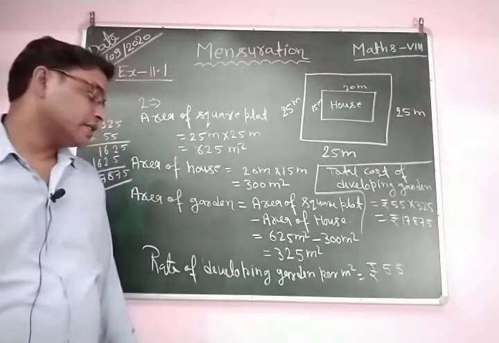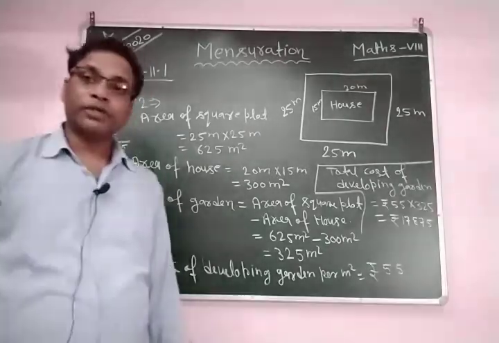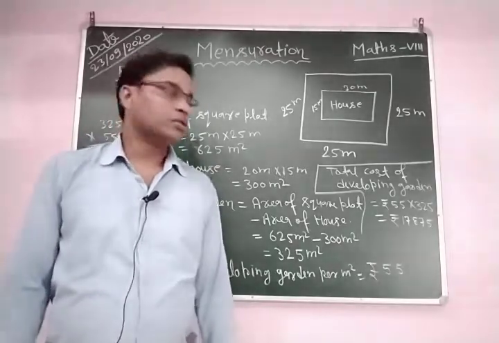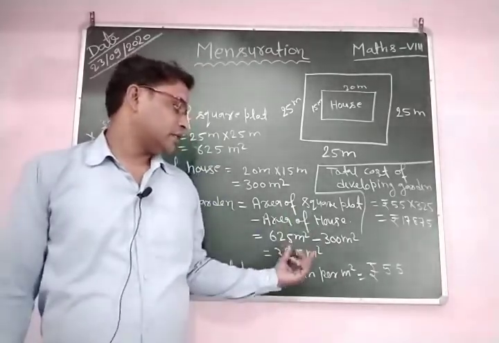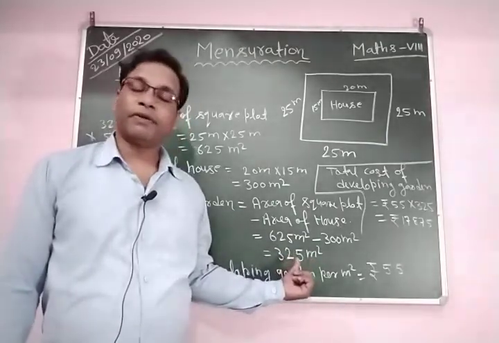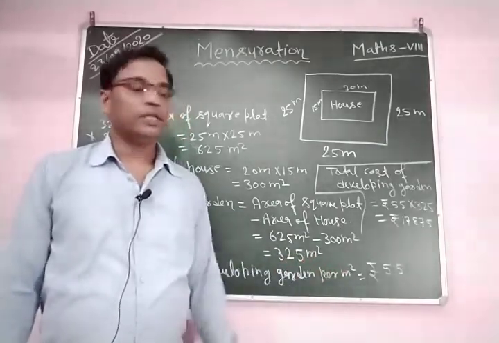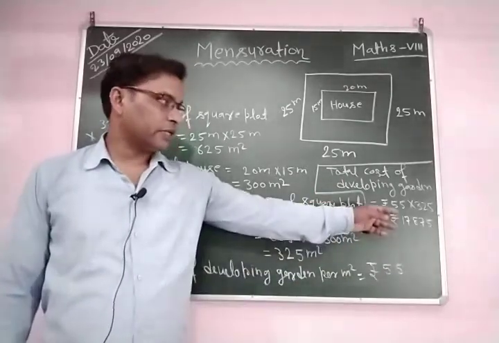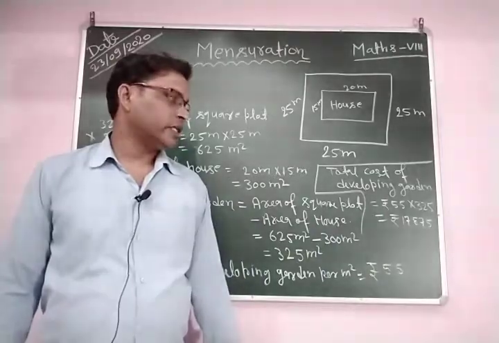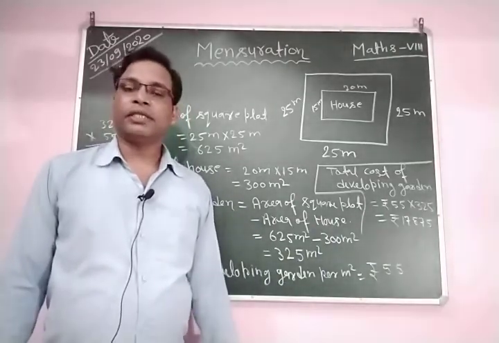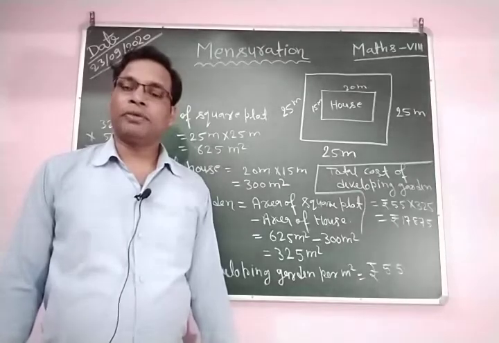The rate of developing the garden is 55 rupees per meter square. If you multiply 325 into 55, we obtain the total cost of developing the garden, 17,875 rupees.